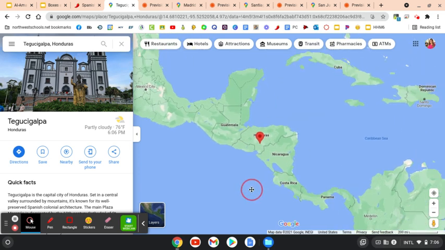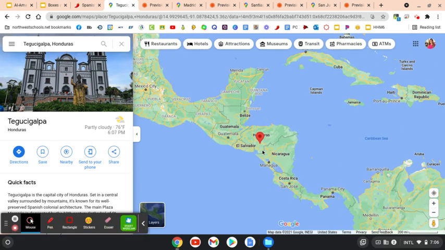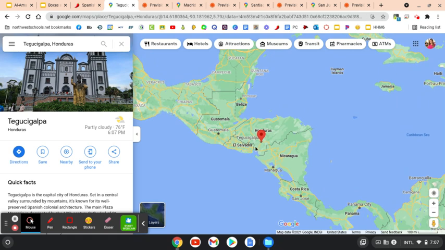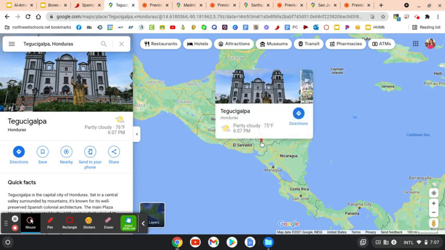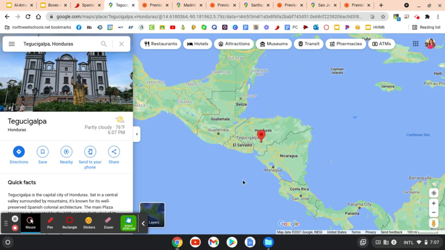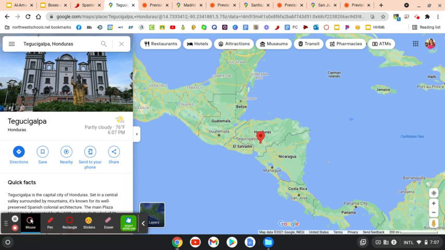So clase, Tegucigalpa es la capital de Honduras. ¿Sí? Honduras es un país. Let's see if I can do this.